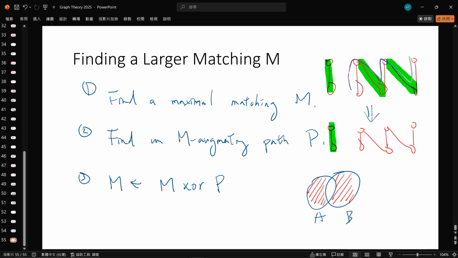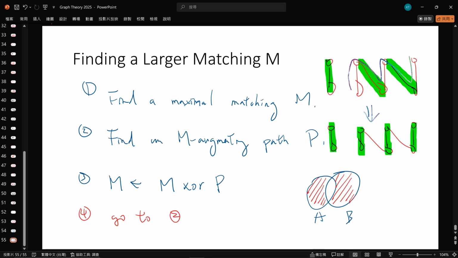And for the edges on the path, we can take all these three vertical edges, because they only appear in the path, not in the matching. And then we can just repeat.